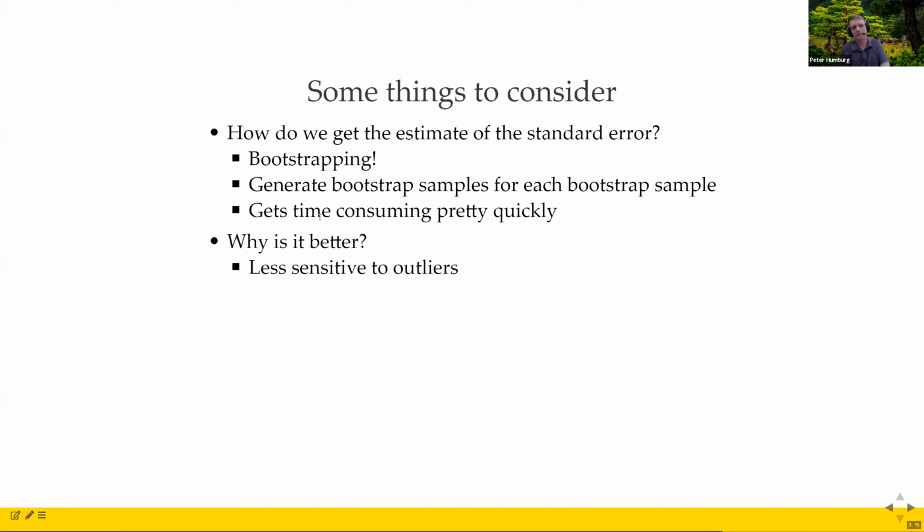It's obviously less sensitive to outliers, because when you get samples that are a little bit of an outlier, a bit unusual, they will also typically have large variance. And so they will have a large standard error, and that puts everything a bit more to the middle, if you like.